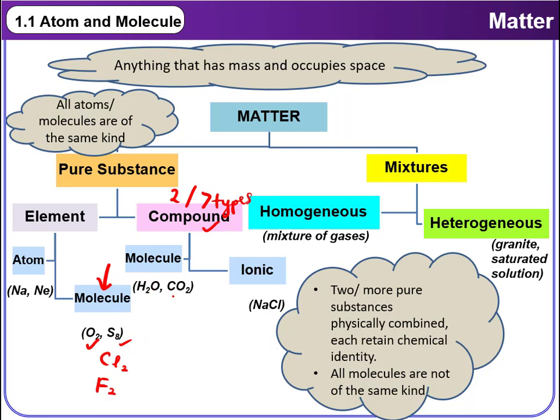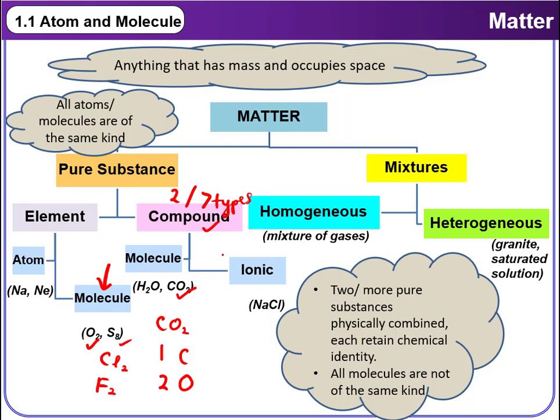Such as this, we have CO2, carbon dioxide. So, is carbon dioxide the element or compound? It is a compound. Why CO2 is a compound? Because CO2 consists of 1 carbon atom combined with 2 oxygen atoms.